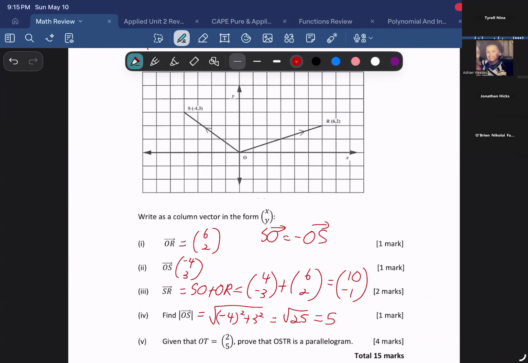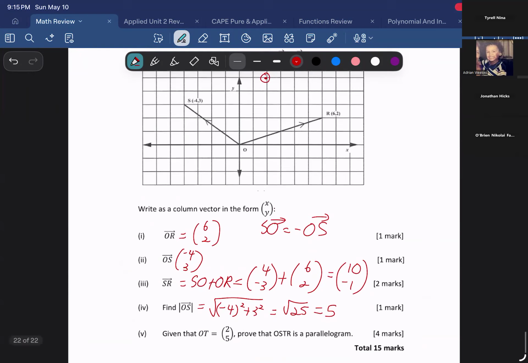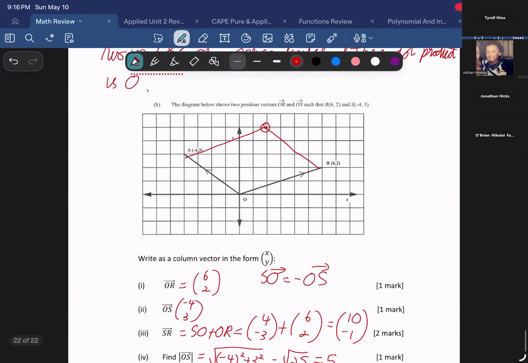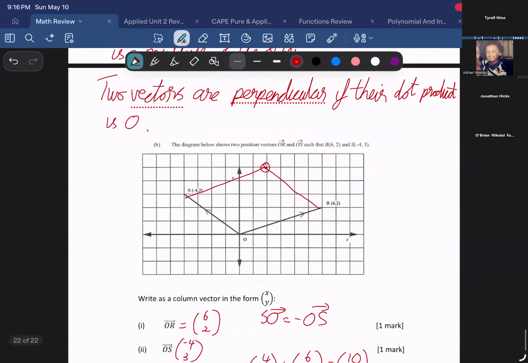So that is somewhere here. And I want to prove that it is a parallelogram. So if it is a parallelogram, if I was to draw the diagram like that, then two lines are parallel if one is a multiple of the other.